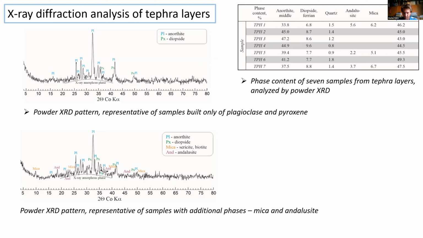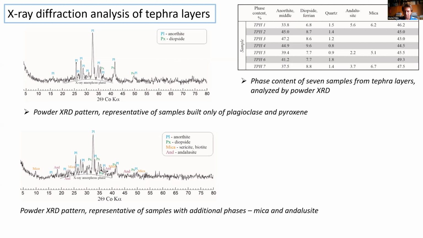Diffraction line analysis defines 2 types of plagioclase, anorthite and sodium anorthite. Comparison between registered diffraction lines and different pyroxene types from the reference database identifies pyroxenes from all samples as ferrian diopside. A small amount of quartz is also present in the composition of the tephra layers.